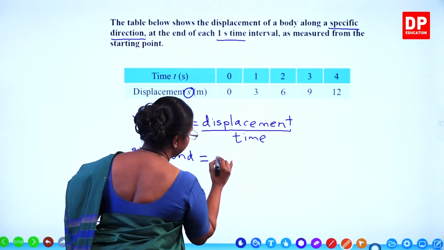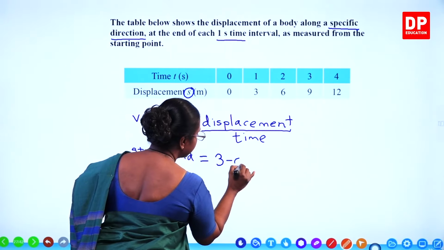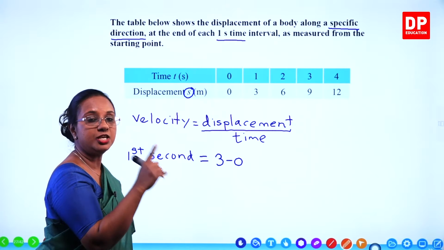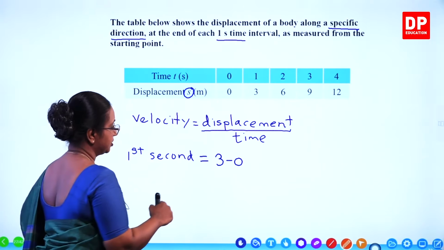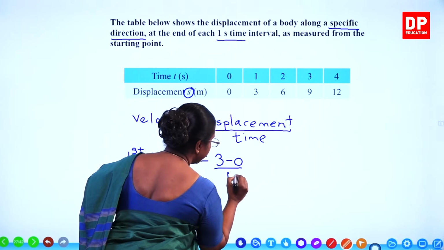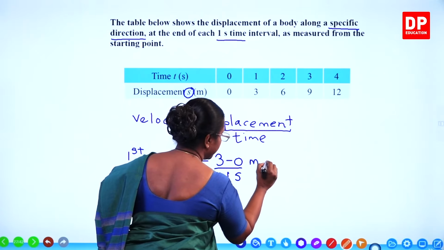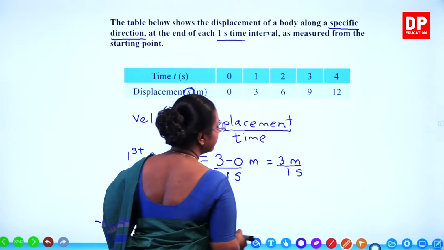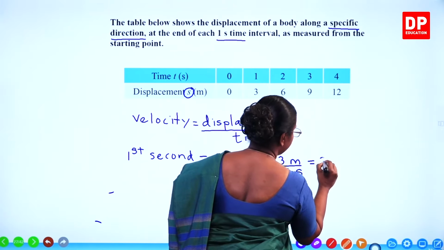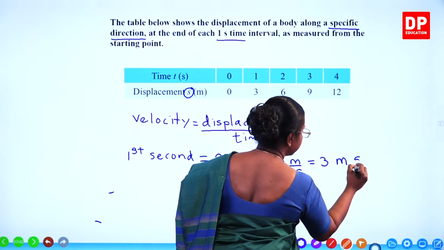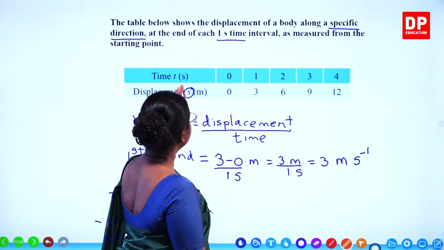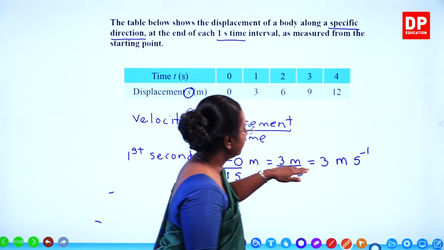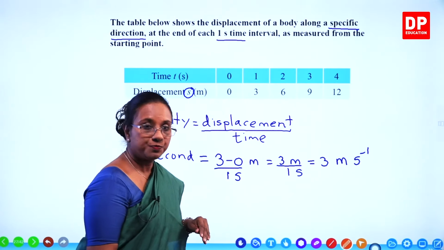It will be displacement 3 minus 0, final position minus initial position, divided by time, 1 second. So that is 3 meters divided by 1 second. It will be equal to 3 meters per second. Here since they say in a certain direction, we will just leave out the direction. We will just write the value.